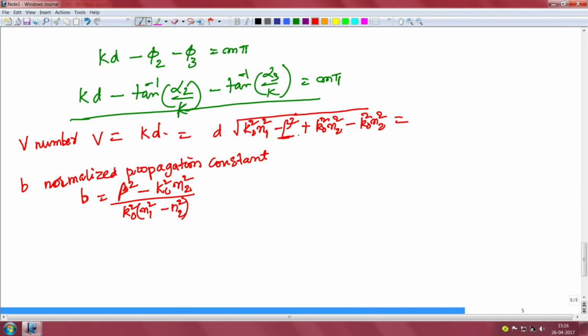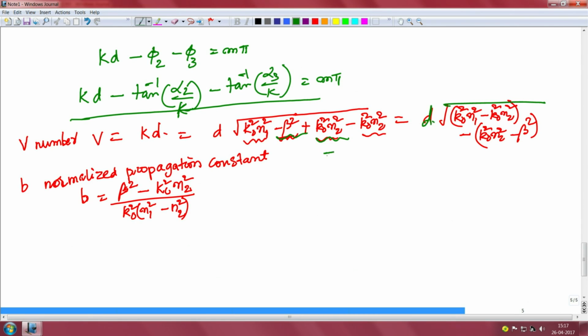By combining beta square and k0 square n2 square, I can get the square root of k0 square n1 square minus k0 square n2 square as one term, minus k0 square n2 square minus beta square as the second term.